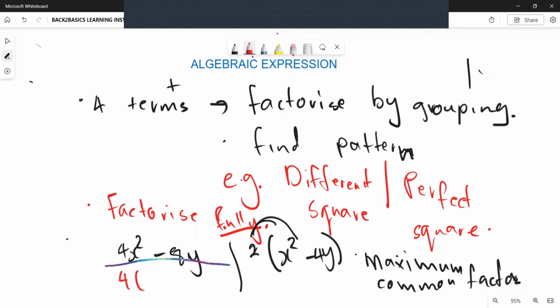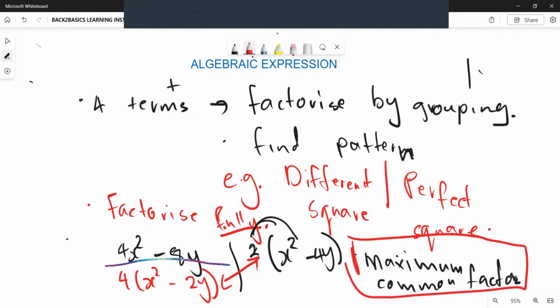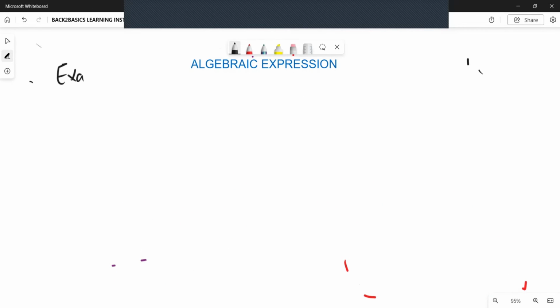And then you are going to be left with x squared subtract 2y. Can you see that most students will find this almost the same thing, or they will argue that this is factorized? However, whenever you are factorizing, you need to find the maximum common factor, right?